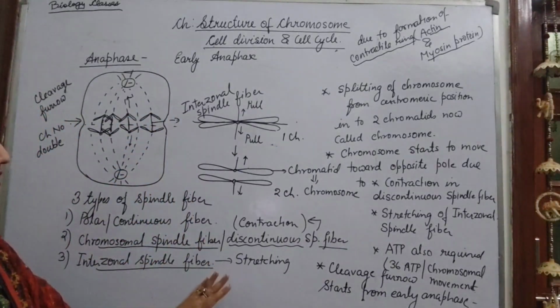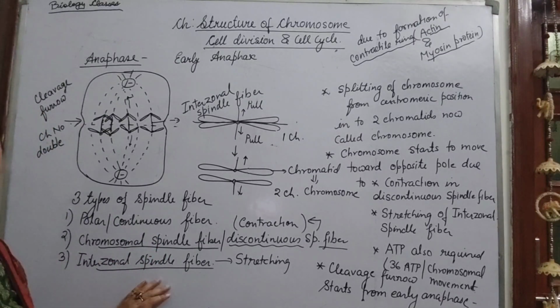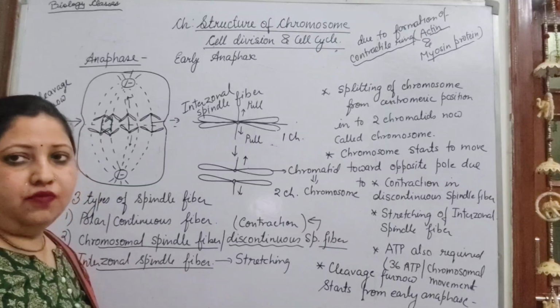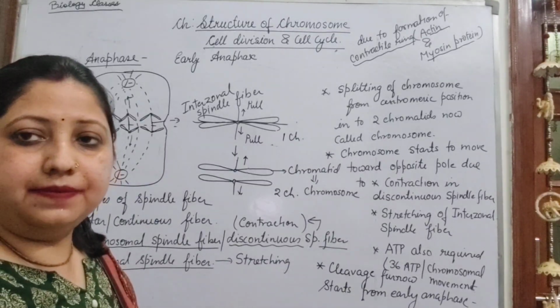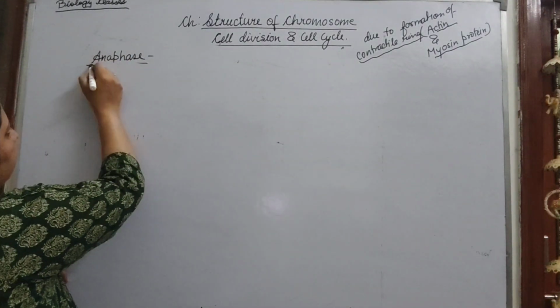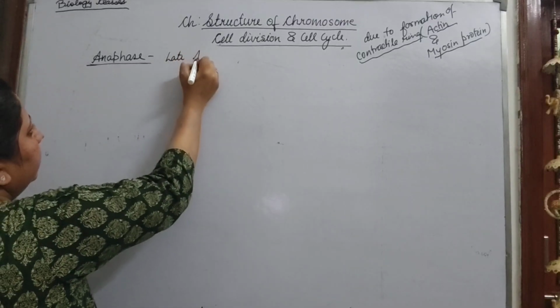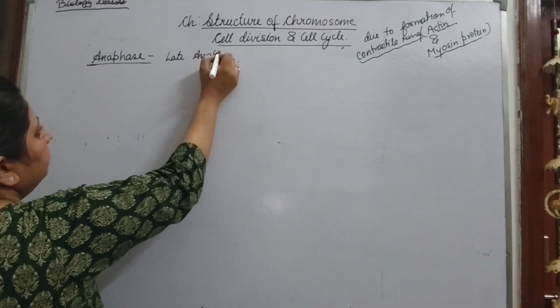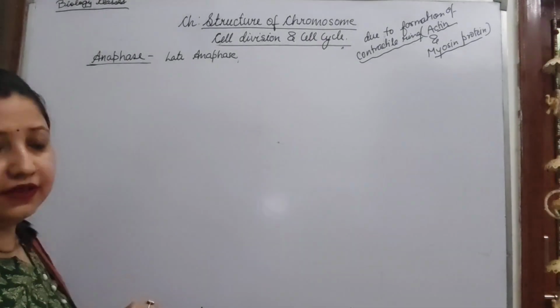Okay, so this is the kind of changes which we have seen during the early anaphase. So let's understand what are the changes which we see in the late anaphase. Now the next is late anaphase. So early anaphase we have completed. The next one is late anaphase. What kind of changes do we see in the late anaphase?